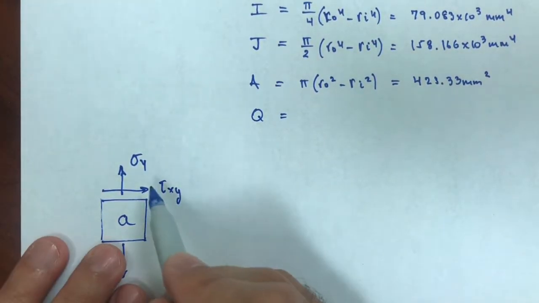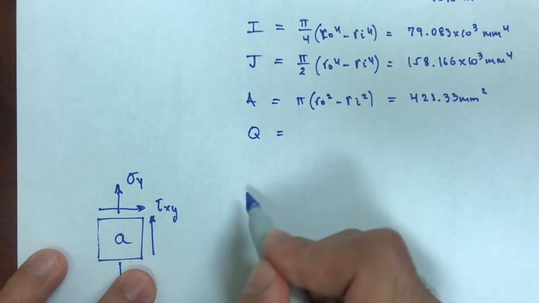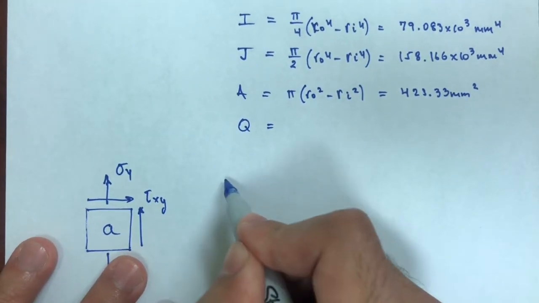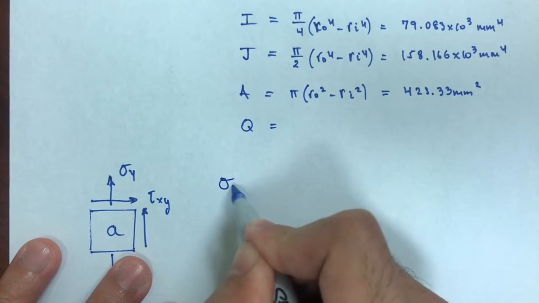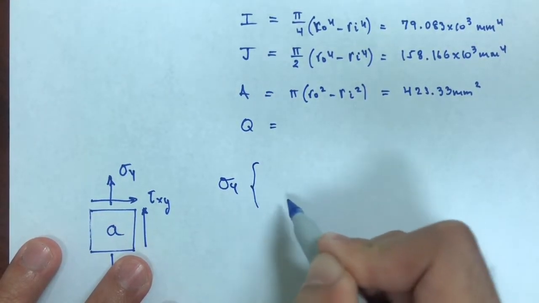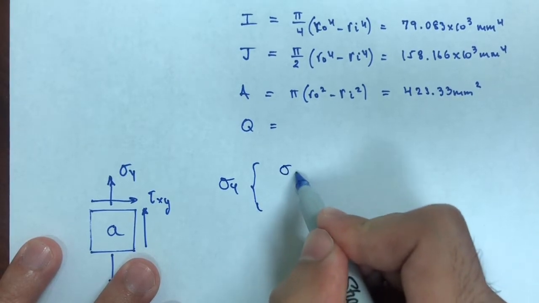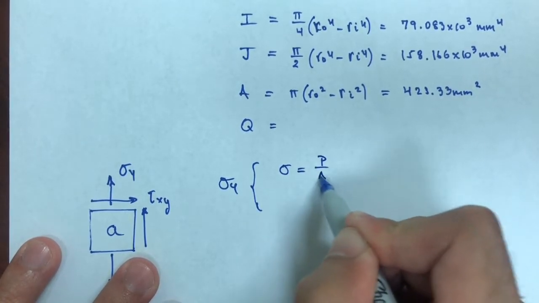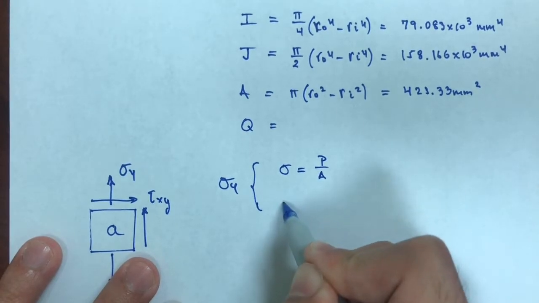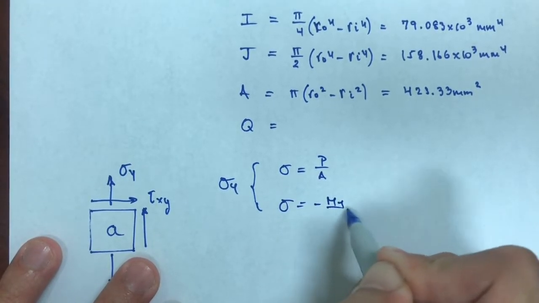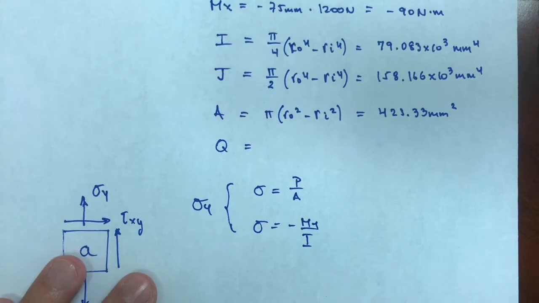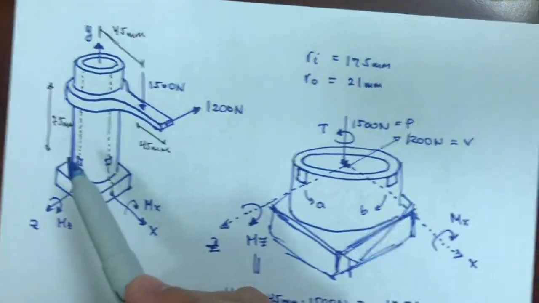Okay. Now sigma Y can either come from normal stresses due to compression or tension or bending, which is what I just said. So it's either P over A, if that exists, or minus MY over I, right? So is this under compression or tension? Yes.